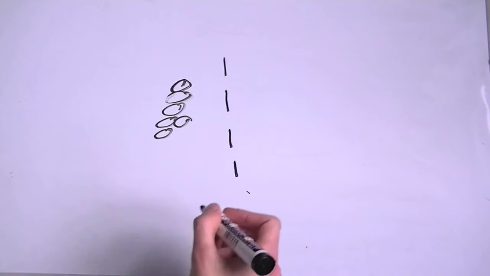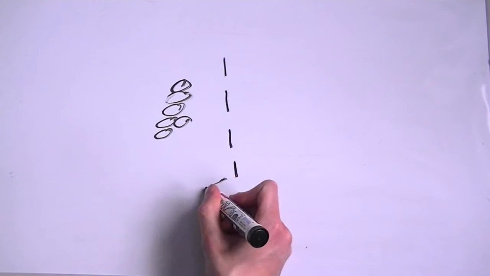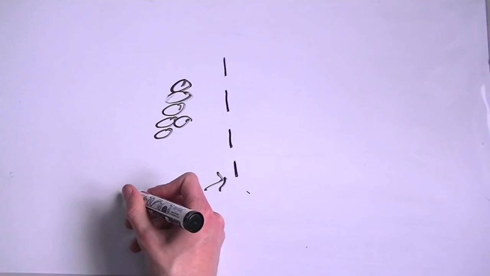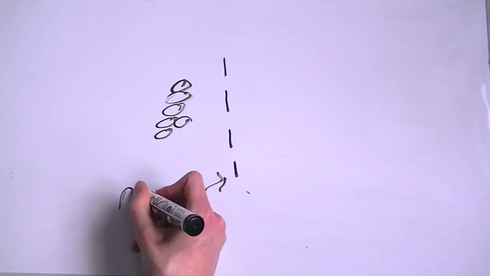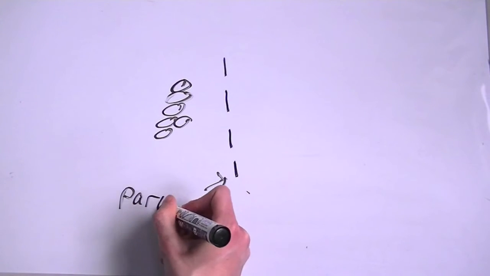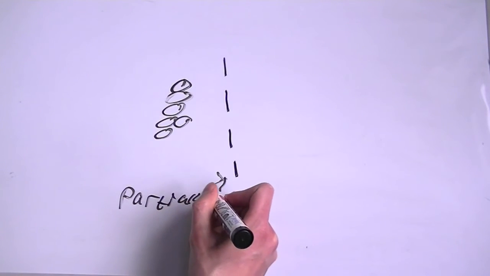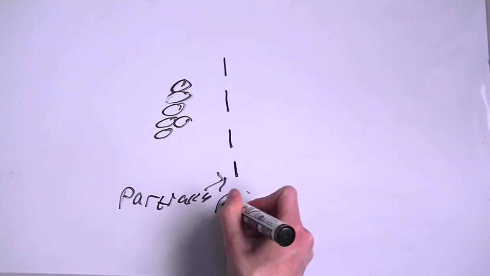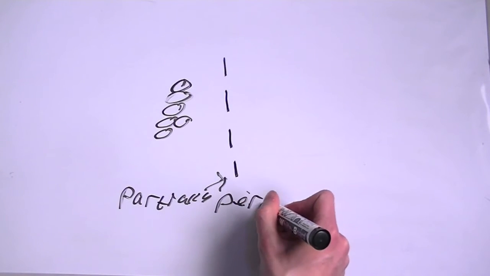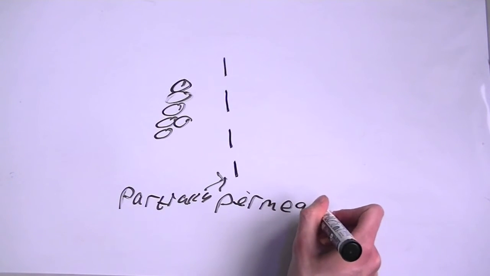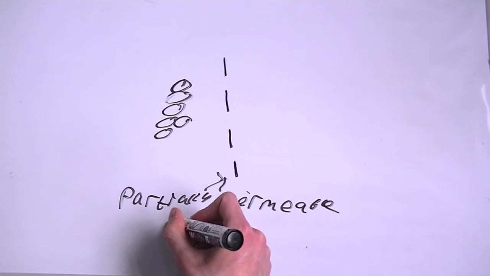Now, let me just label that for you. It's called a partially permeable membrane.